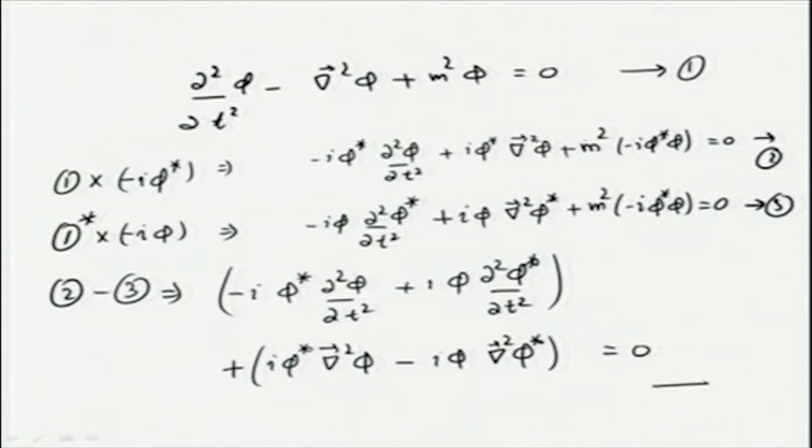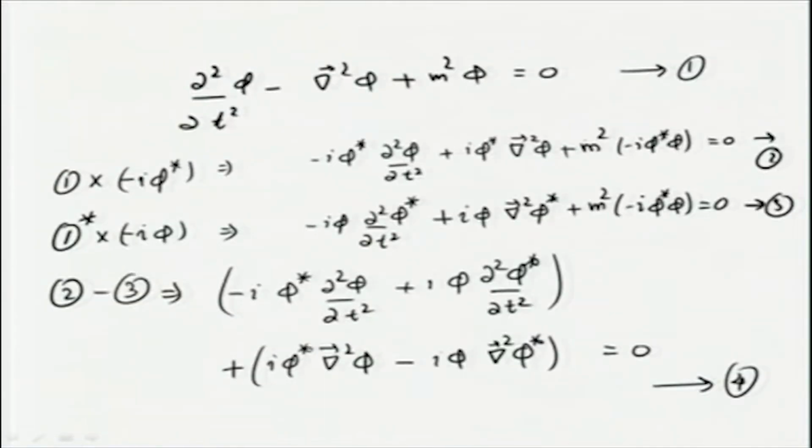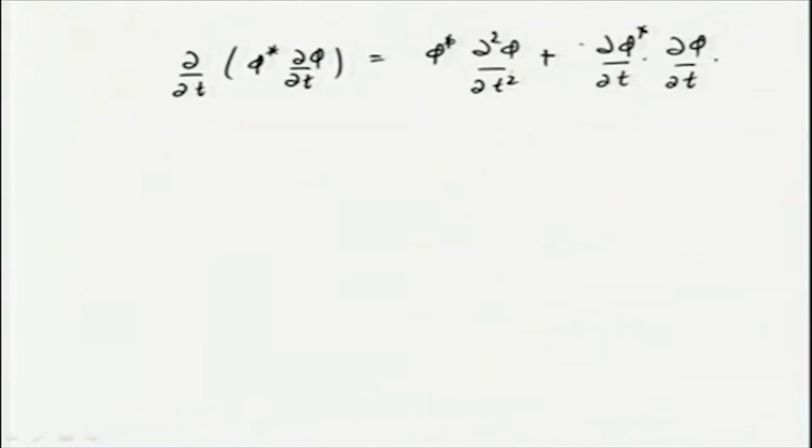We use this to rewrite equation number 4. Note that here we have a term phi star ∂²phi/∂t², which is the first term on the right hand side here.